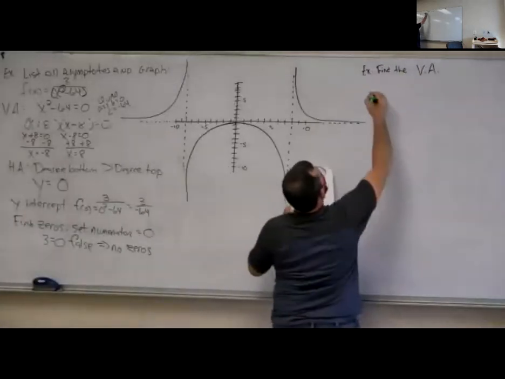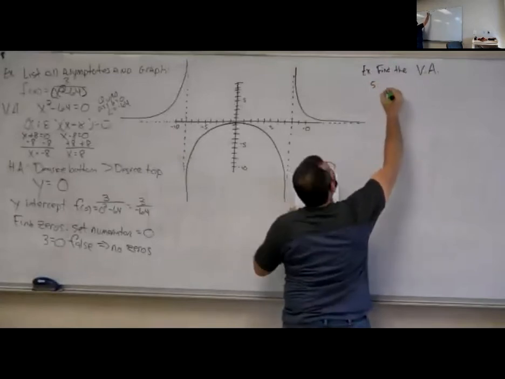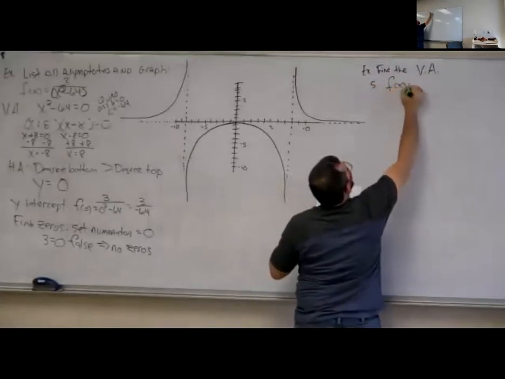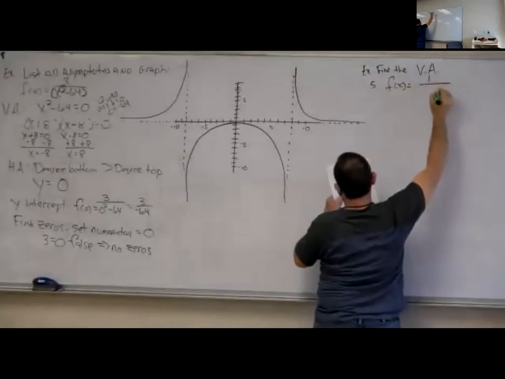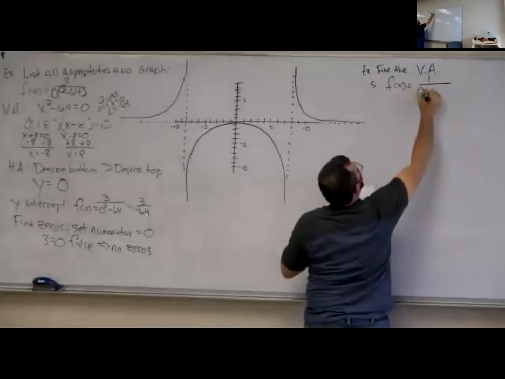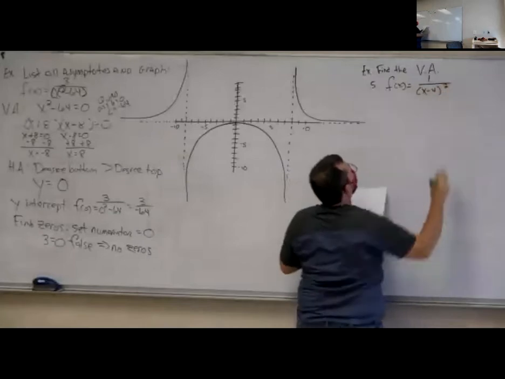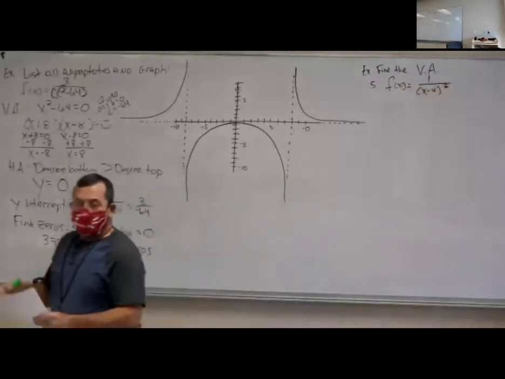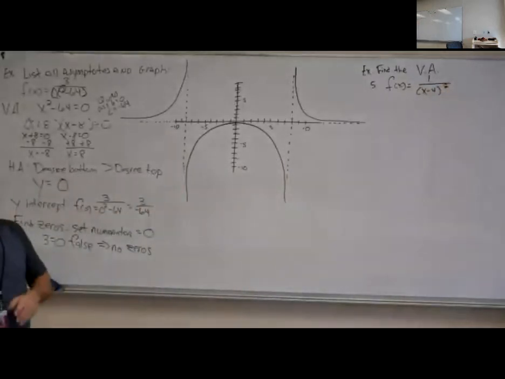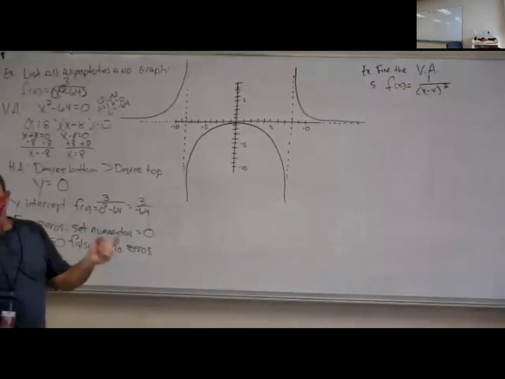All right, so this starts at line number 5. f of x equals 1 divided by (x minus 4) squared. So we don't have to graph these, I just want to find the vertical asymptotes. So to find the vertical asymptotes, I'm going to take that bottom and set it equal to 0.